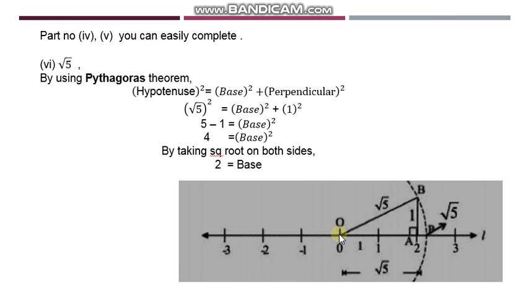Put your compass on the point where we have written 0, and open your compass up to B. The radius of your compass will be OB. Then put your compass on point O and mark an arc. Your arc and the line will intersect at a point. That point will be the place of square root 5.